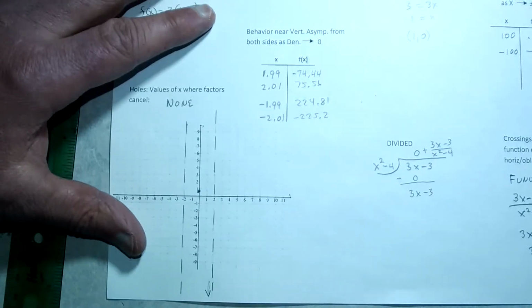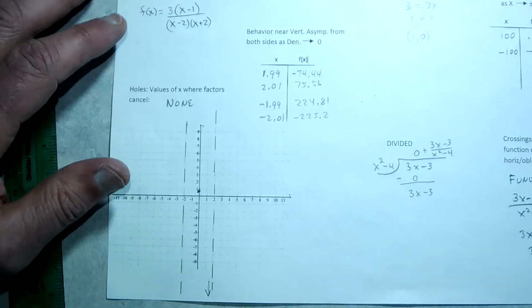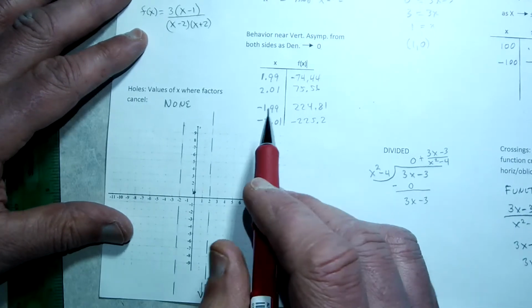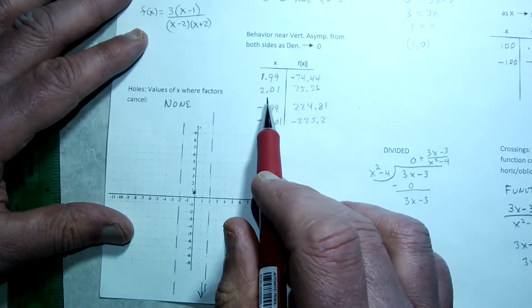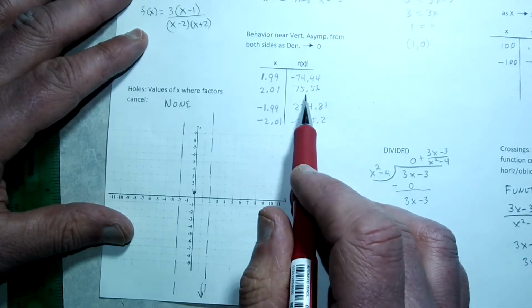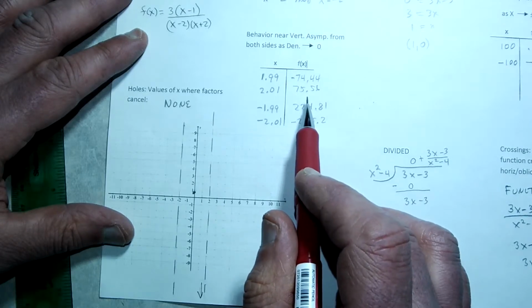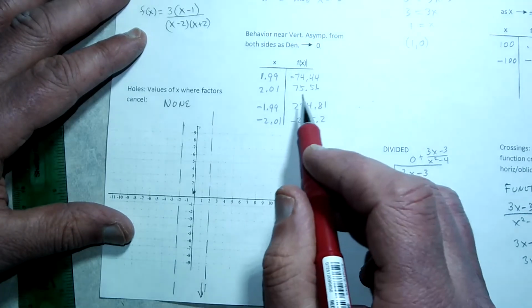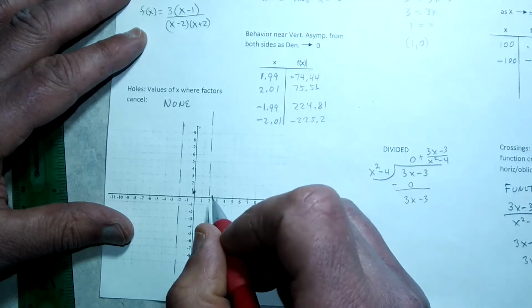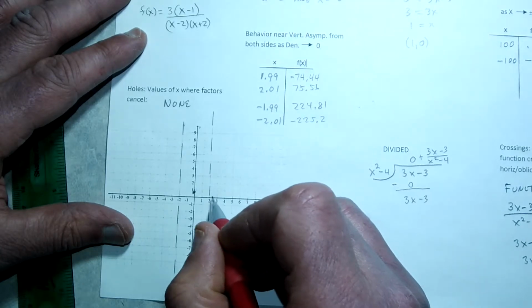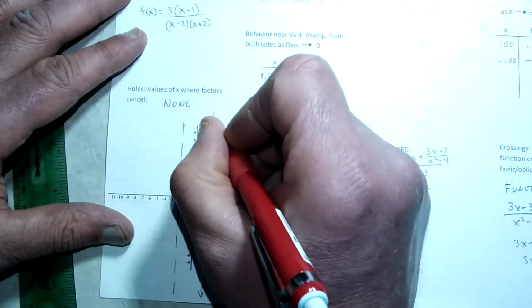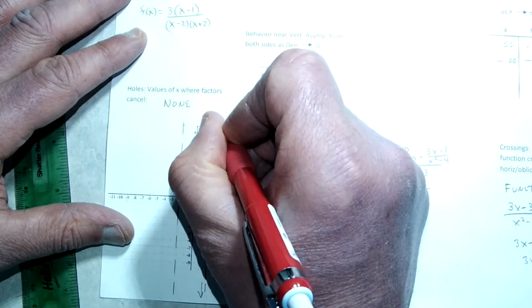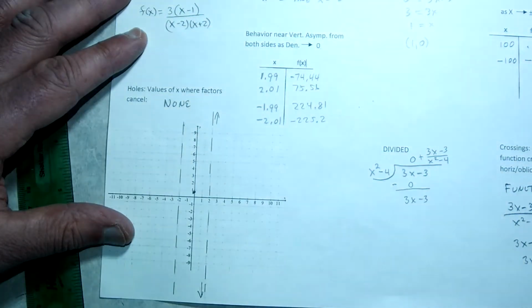So my behavior approaching 2 from the left is going down, getting extremely big negative values as an output. Let me fill this in with the other values I found as I got close to these asymptotes. At 2.01, I got 75.56, so 2.01 was approaching this asymptote from the right-hand side, and the values are getting extremely big positive.